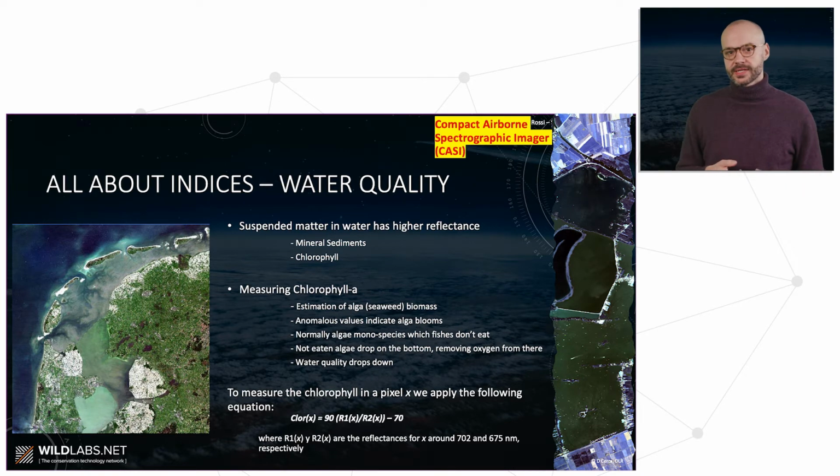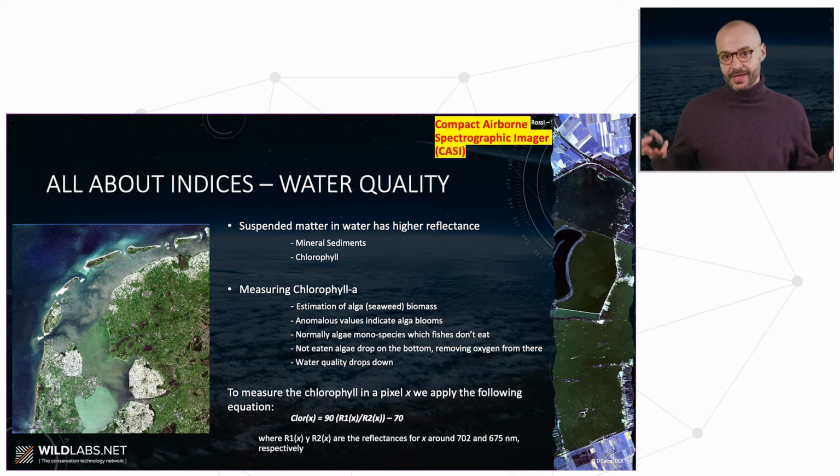An example is to measure water quality. We have a specific example here of a lake in the Netherlands that is quite important because it's a drinkable water reserve. So it must be kept free from algae.